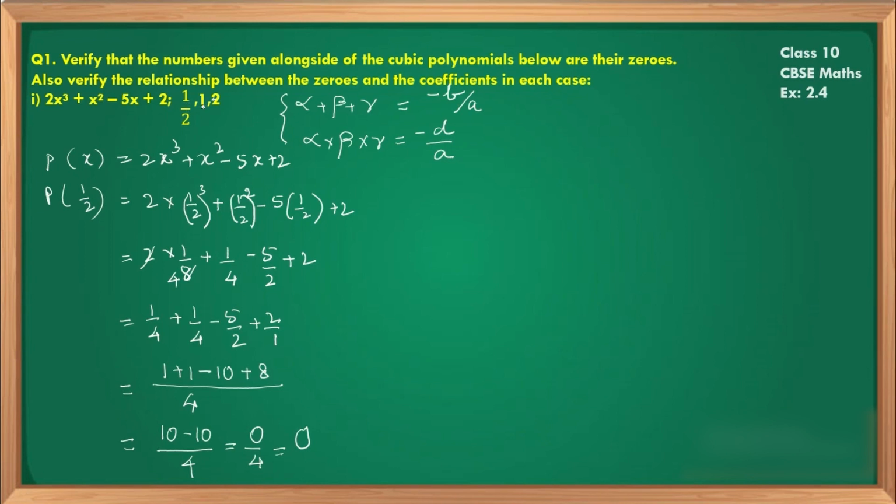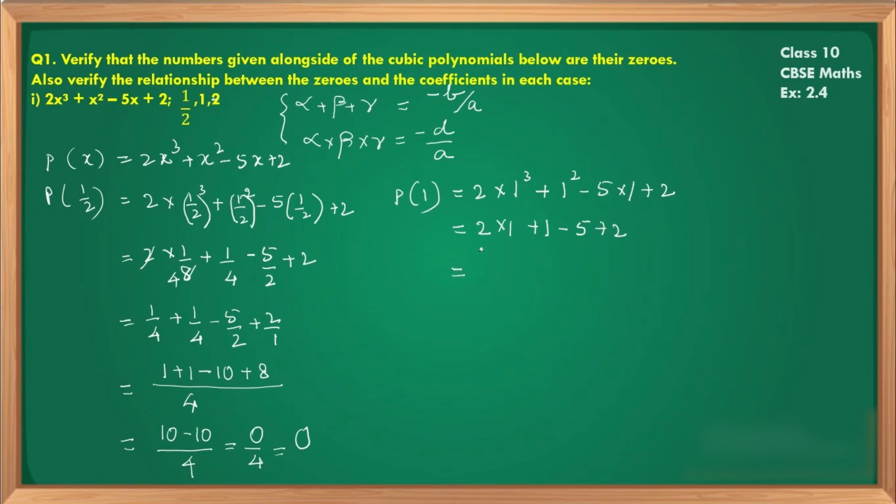The next is 1. Now let us place 1 in place of x. P of 1 is equal to 2 into 1 cube plus x square, that is 1 square, minus 5 into 1 plus 2. Now that is equal to 2 into 1 plus 1 square, which is again 1, minus 5 into 1 is 5, plus 2.